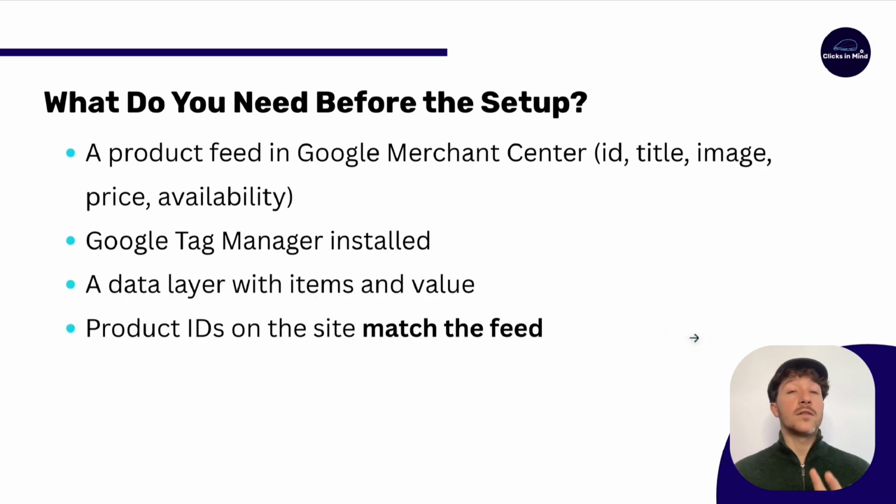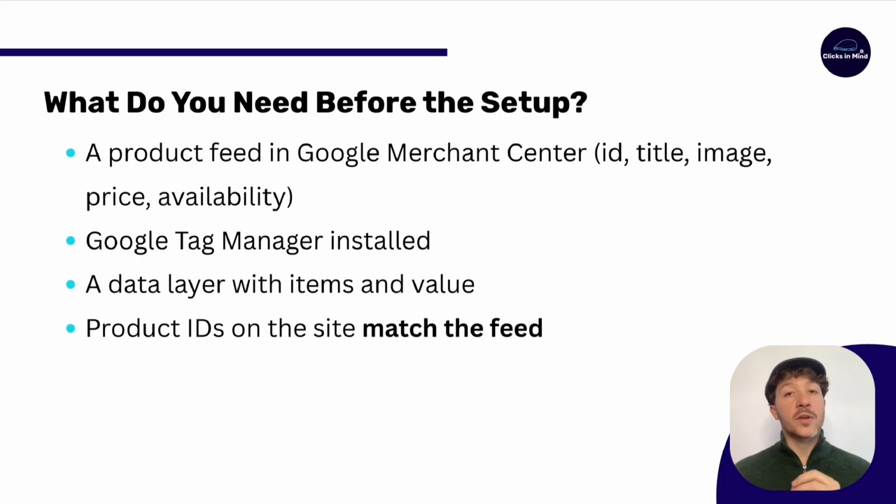So what do you need for that? You need a working product feed in Google Merchant Center with the ID, the title, price, availability, and so on. Of course, you need to have the Google Tag Manager installed. Then what's very important, your website or your online shop needs to send data, events, and parameters into a thing called the data layer.